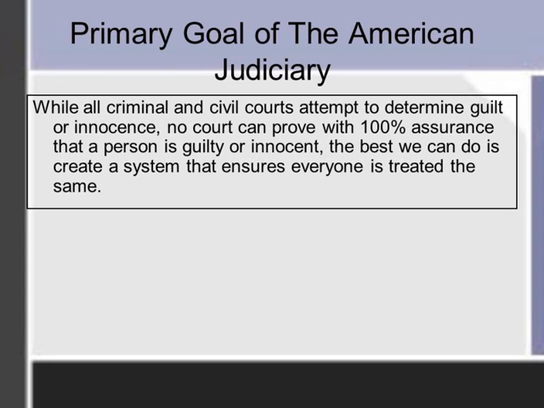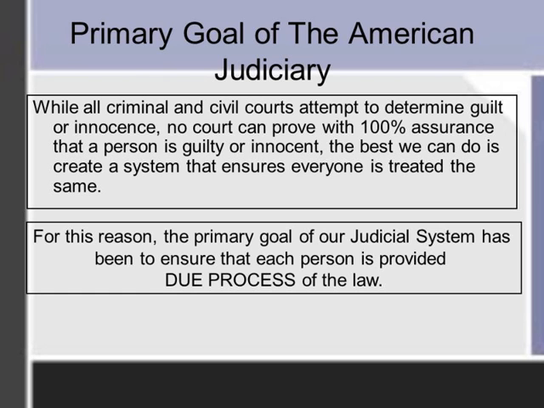So when we look at our court system, legal experts will tell you that the primary goal of our court system is to try to ensure that everybody is treated the same, that everybody gets equal treatment under the law. And we've talked about this in the past.